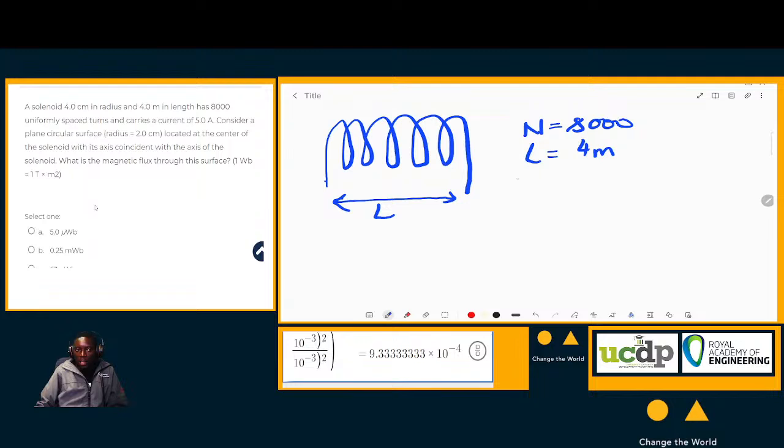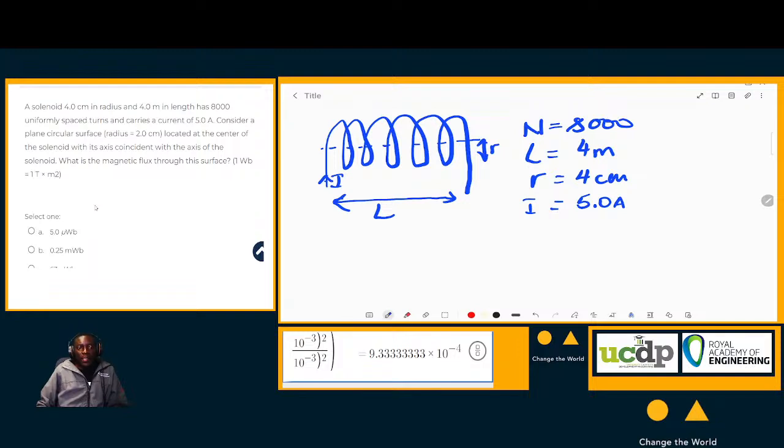And the radius is the distance from the center of the axis of the solenoid, R. And R is 4 centimeters. Then the current carried there, I, is equal to 5 amps.